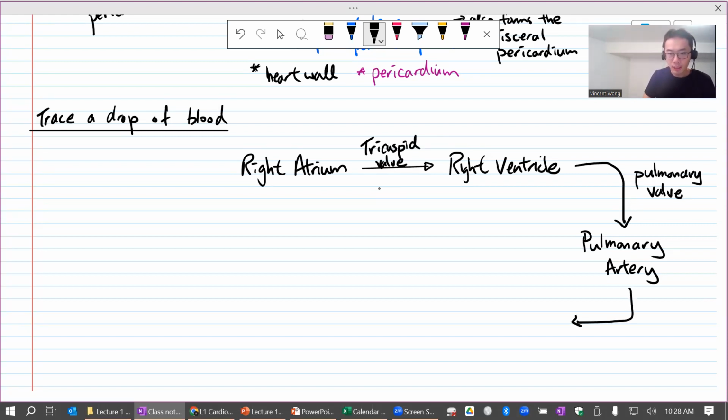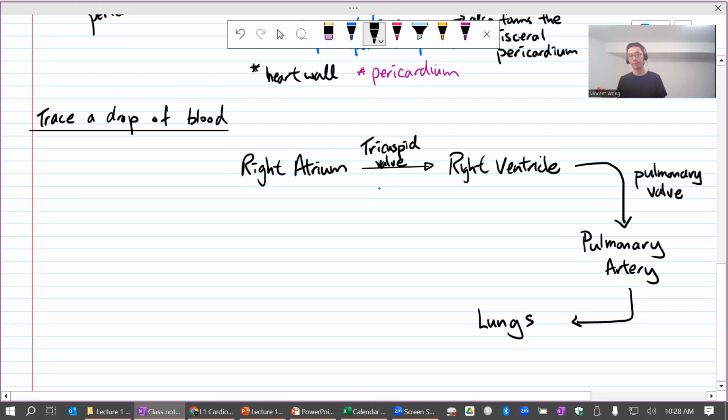And it's going to go to the lungs for reoxygenation. Oxygen is going to come into the blood. Carbon dioxide is going to leave.